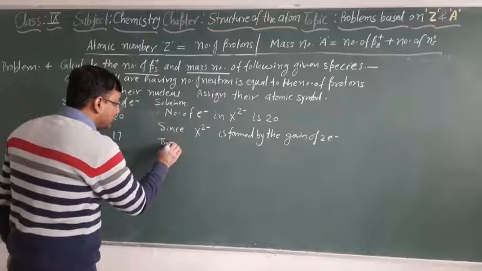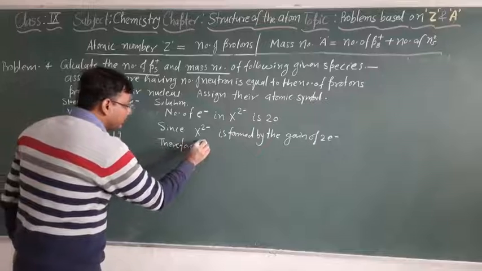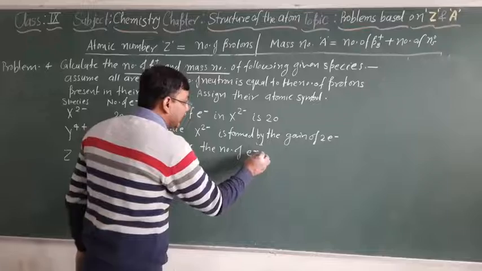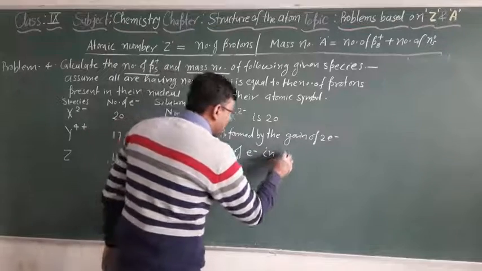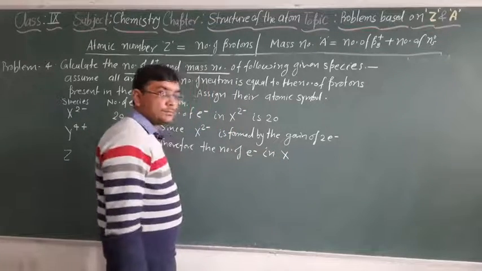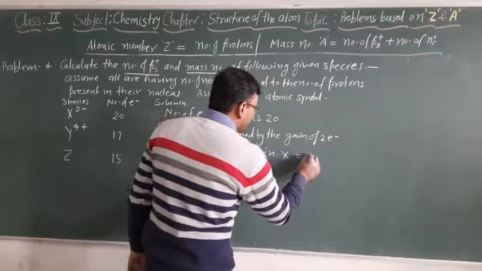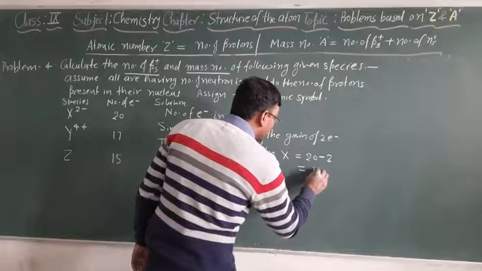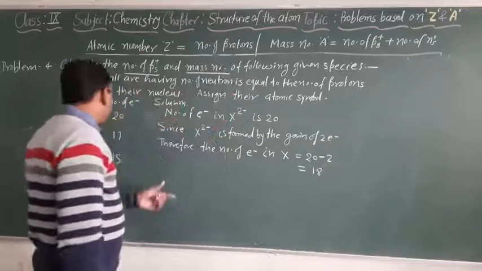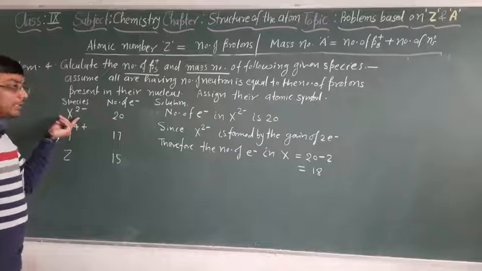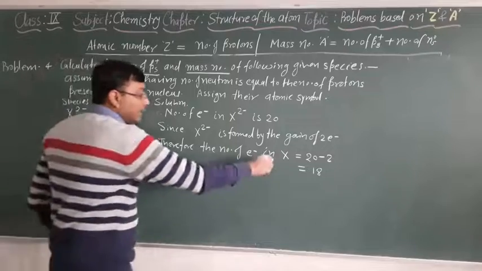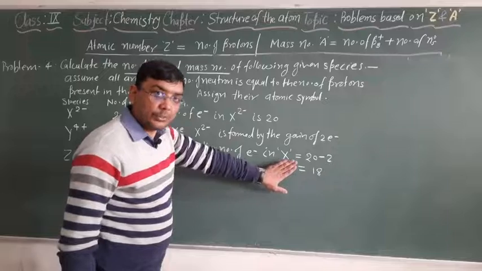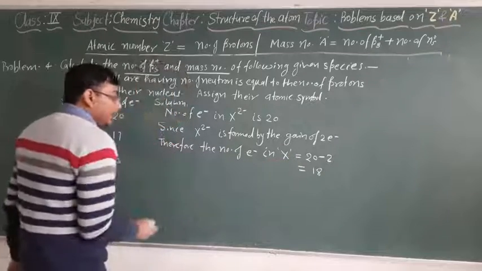Therefore the number of electrons in X is equal to 20 minus 2, which is 18. So now we got the number of electrons in the neutral atom as 18. Clear?